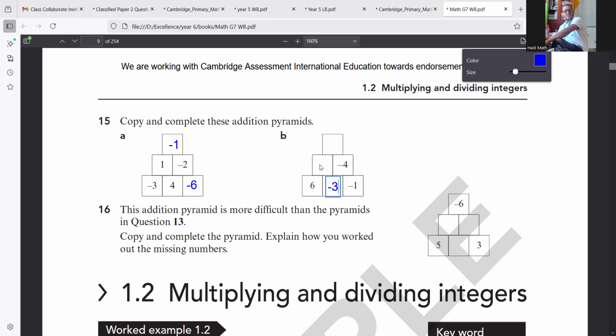What about this number here? It is the sum of those two, 6 and -3, which equals 3. And the top here, which is the sum of 4 and -4 and 3, is going to be -1.